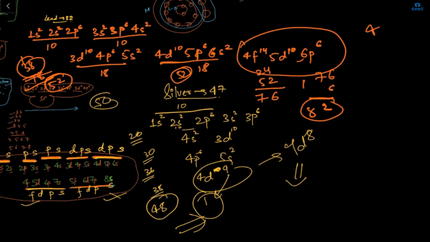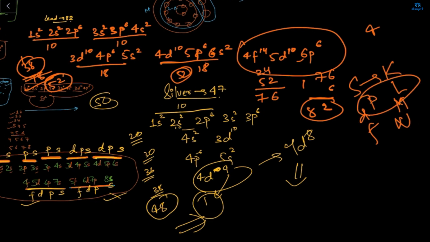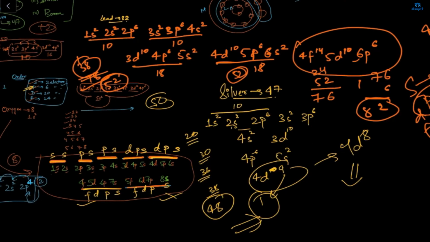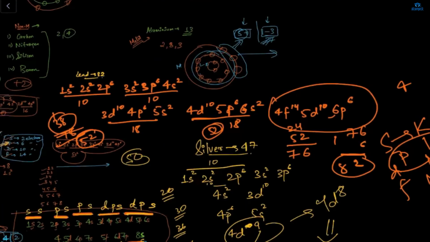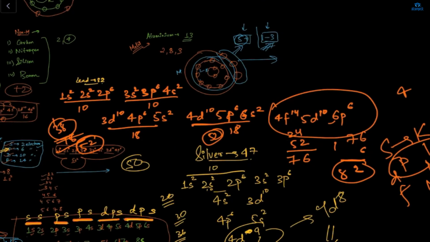S, K, L, M and N means S, P, D, F. P has 6 electrons, so for filling it up, we need 2 more. So for filling, 2 electrons are needed more.